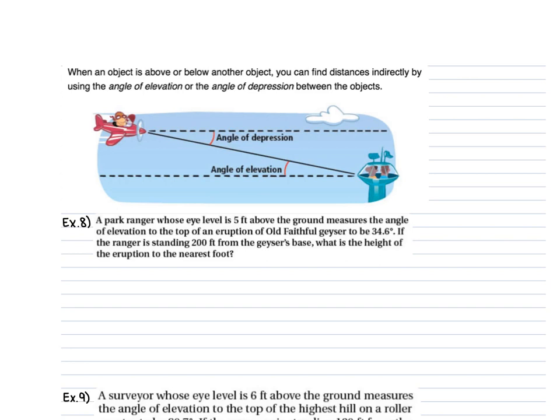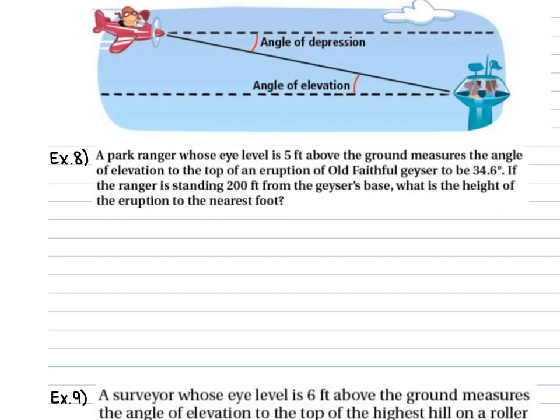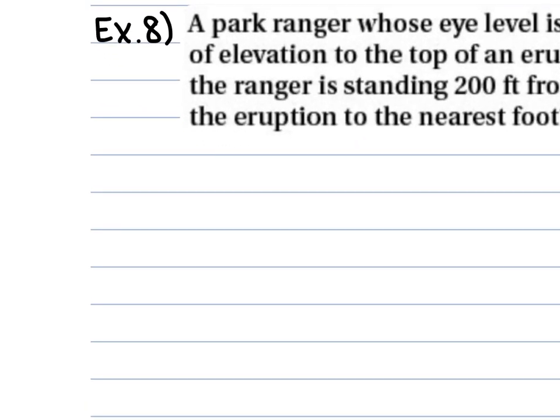little bit more sense. For example 8, it tells us that a park ranger whose eye level is 5 feet above the ground, which means from his eyes to the ground there's 5 feet. So if you want to draw yourself a little picture, do that. This is 5 feet. From here to here is 5 feet.